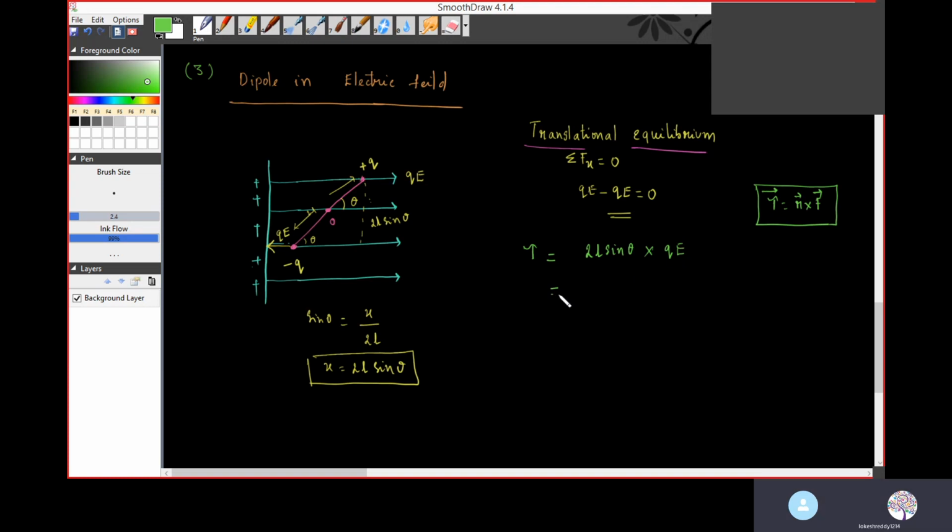So torque is Q into 2L sin theta into E. But Q into 2L is P, the dipole moment. So this is PE sin theta. So we can write torque is equal to P cross E, that is, P bar cross E bar.